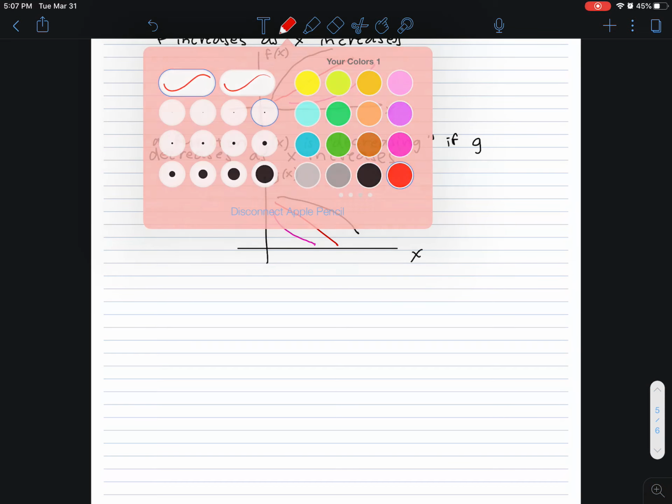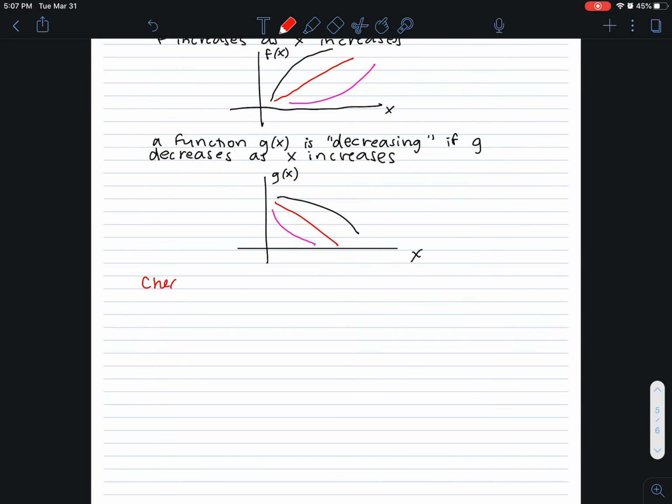I guess this is cheat sheet information, for sure. It says this is called the test for intervals of increase and decrease, but I'm just going to say what I learned this as, which is the first derivative test.